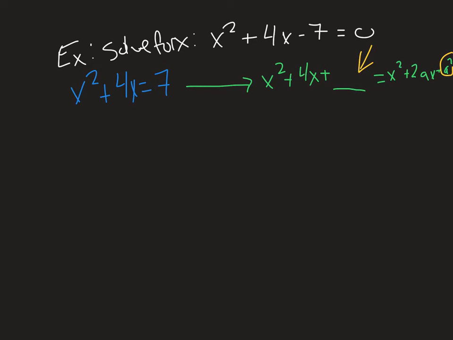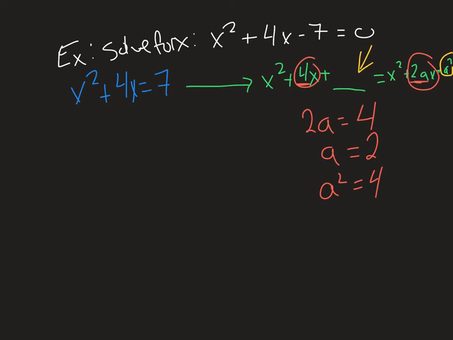And you'll see here in a second why that's useful. But for now, just bear with me. So if we're going through this, we know that 2a has to be 4, since our linear terms have to be equal in this case. So this means that a is 2, which means that a squared is 4.